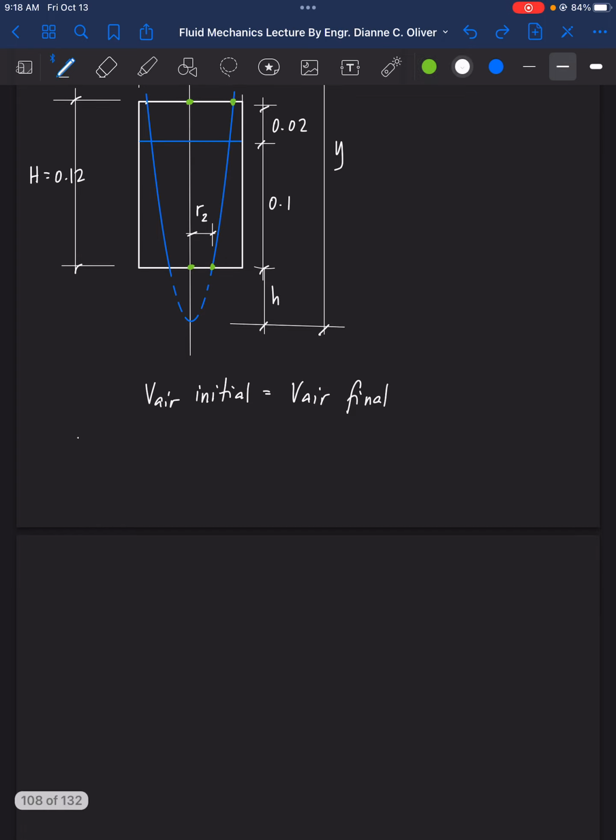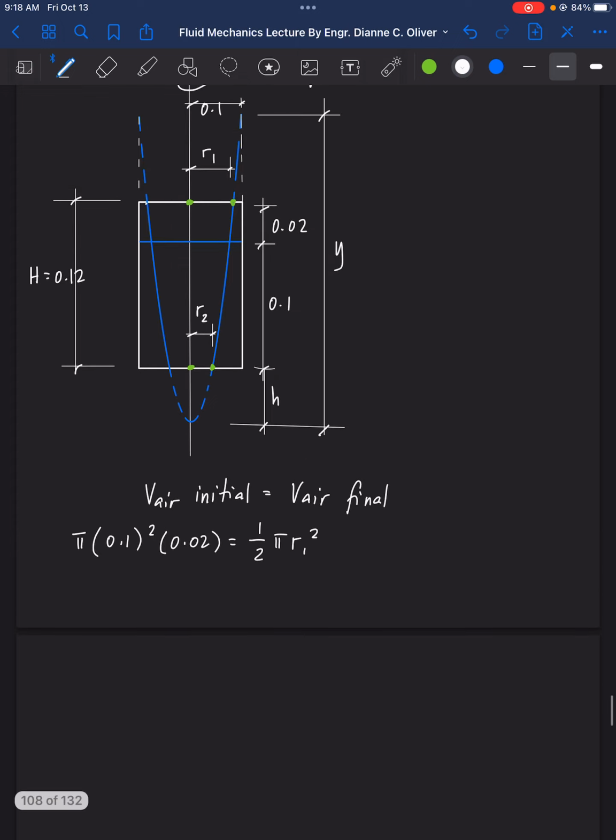So the initial air volume is the cylinder, pi times 0.1 squared times 0.02. And the final air volume is the volume of the bigger paraboloid, so 1/2 pi r1 squared times the height, which is 0.12 plus h, minus the volume of the smaller paraboloid at the bottom of the tank, 1/2 pi r2 squared times h.